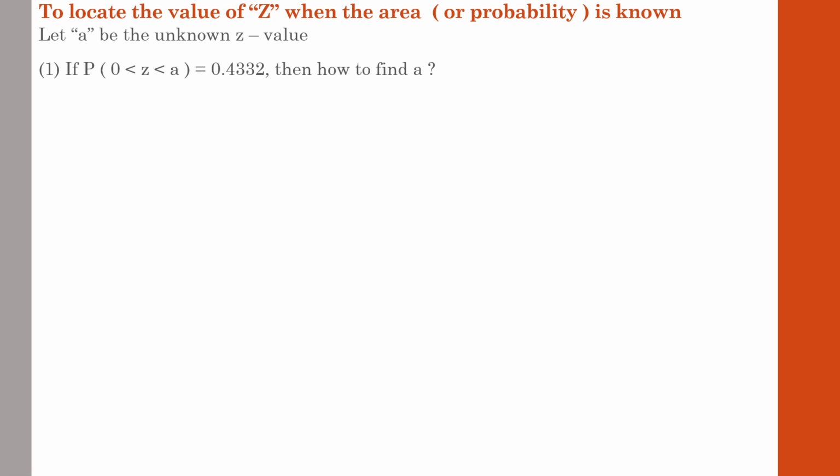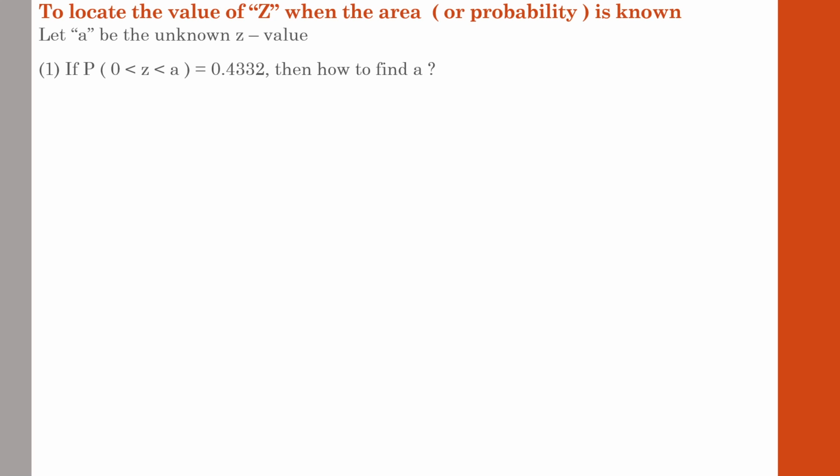How are you going to find that? Whenever you come across this pattern of question where you need to find the value of A, or the value of X, or the Z value from the table, just like that, the question is like this, where the probability is given as 0.4332.